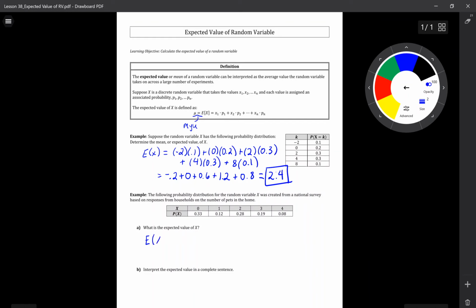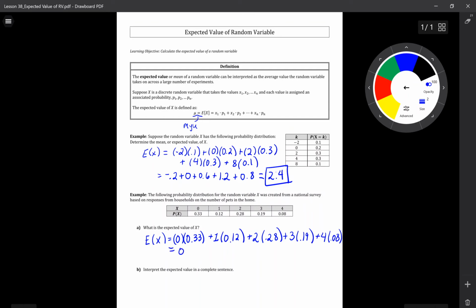So I take 0 times 0.33 plus 1 times 0.12 plus 2 times 0.28 plus 3 times 0.19 plus 4 times 0.08.